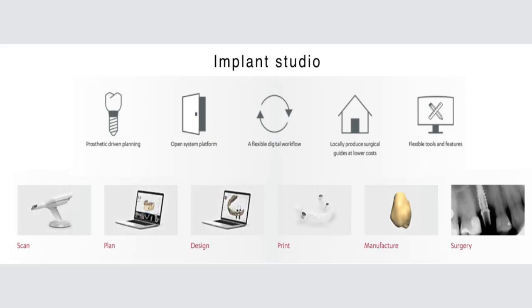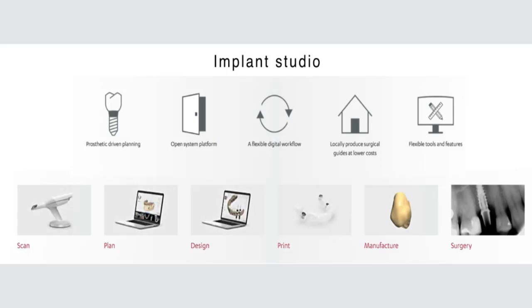And of course, the sequence involves a scan, then you plan, then you design, then you print or mill. We can discuss the cost of printing and milling, but most of the guides now are printed. Then you can manufacture your restoration, and you go for the surgery, or the temporary and then the surgery. But here is the complete workflow, the way you can see it on the website.